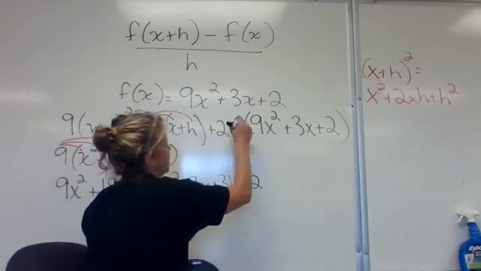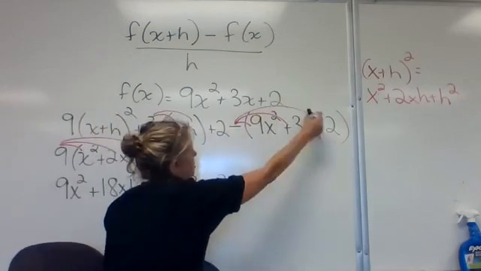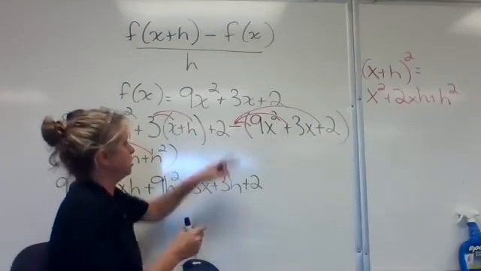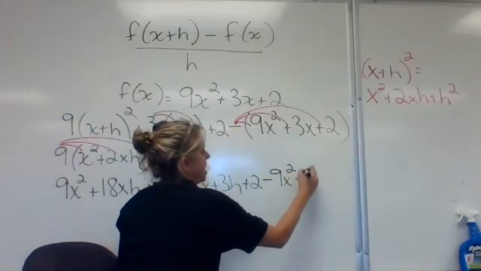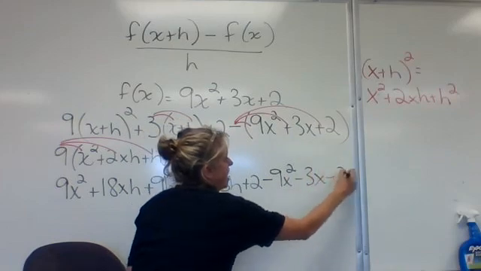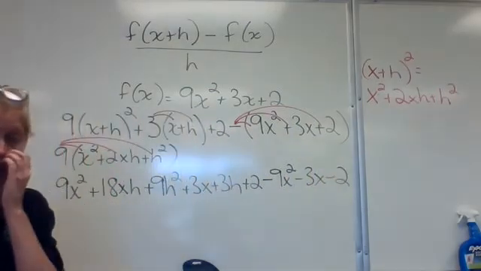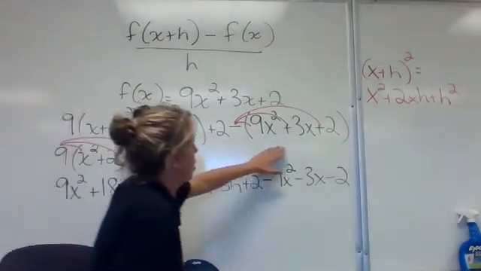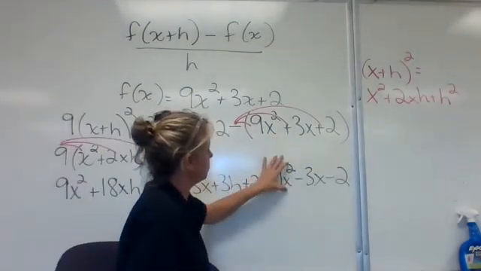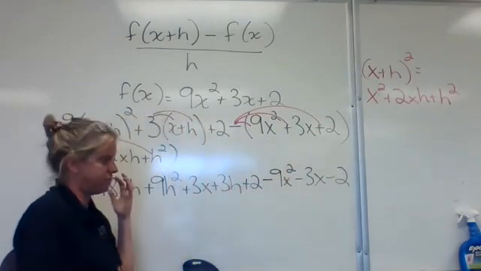Now remember what the minus does when it's distributed. It's going to change all those signs. So it's going to make this a negative 9x squared, this a negative 3x, and this a negative 2, which actually helps us a lot, right? Because what happens when you distribute that negative to all of these, it makes all of these terms cancel a term up front.